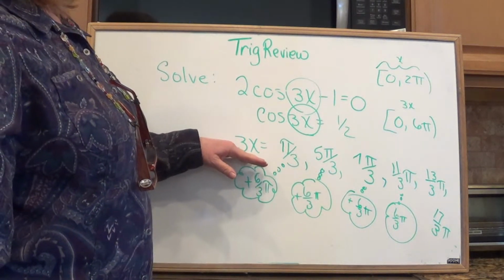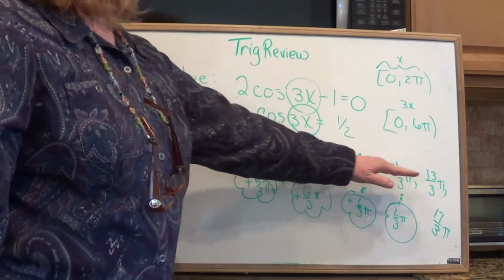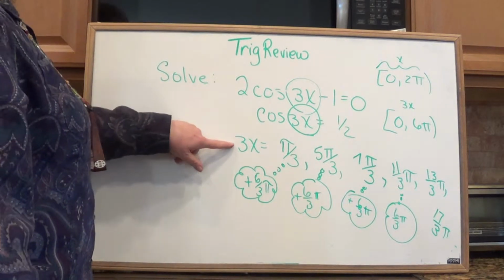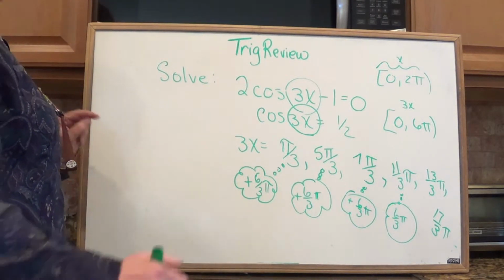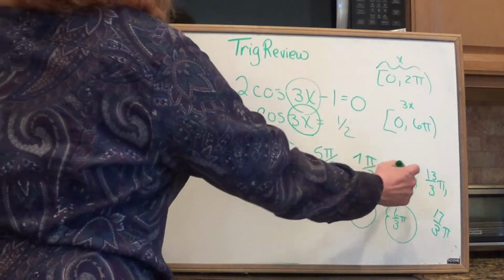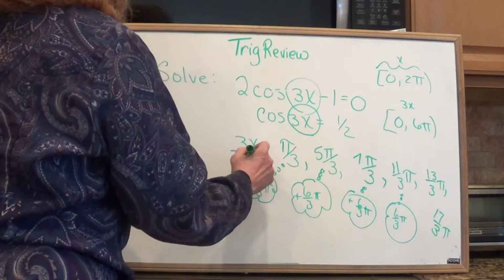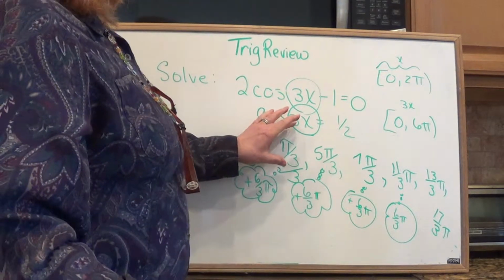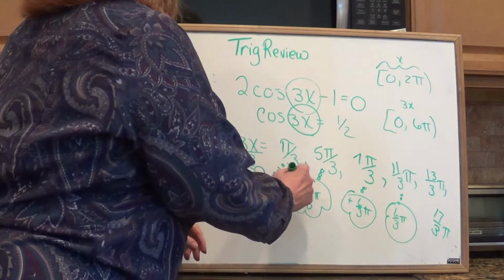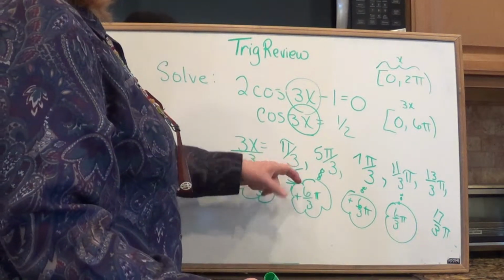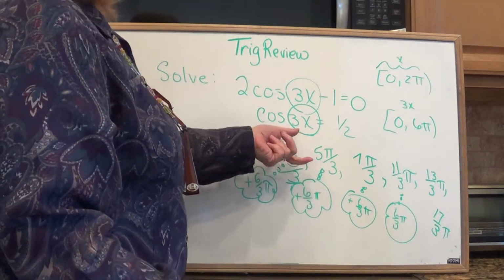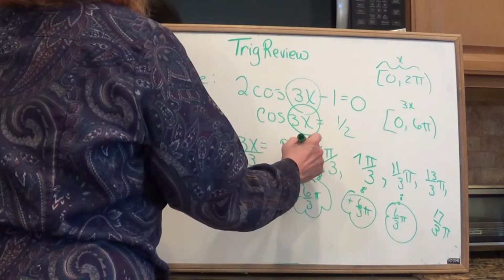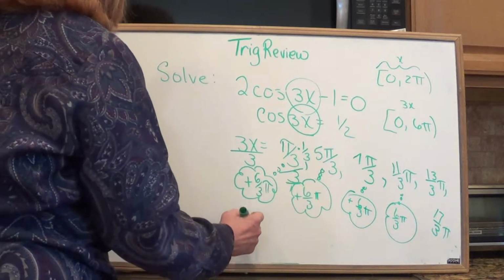Notice now the answer, I have taken the cosine. Once you look at the unit circle, you have taken the sine or cosine. Now I want to know what x equals. So I can now divide every single one of these by 3. When I divide pi over 3 by 3, it's like taking the 3 over 1 and flipping it where it becomes 1 over 3, and then when I multiply, do I not get pi over 9?